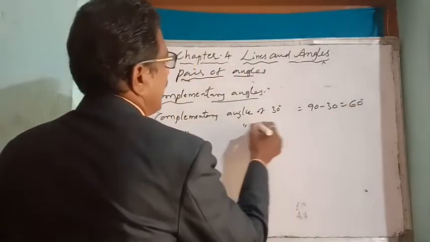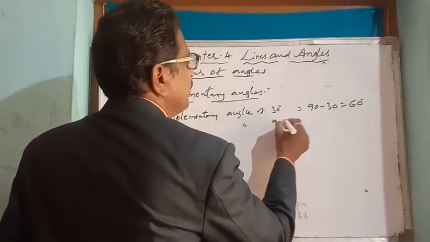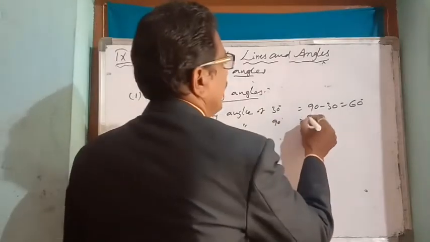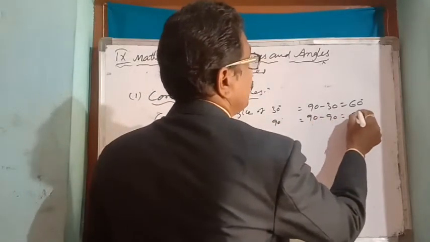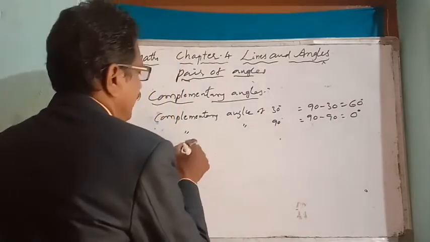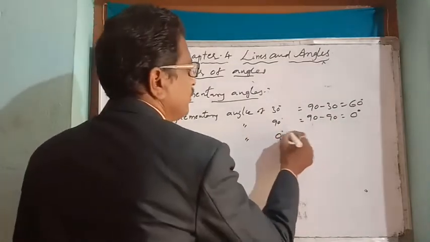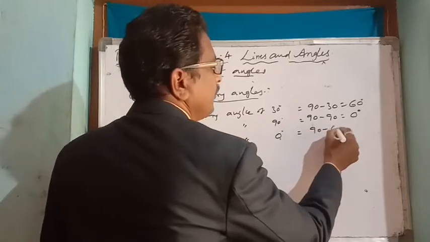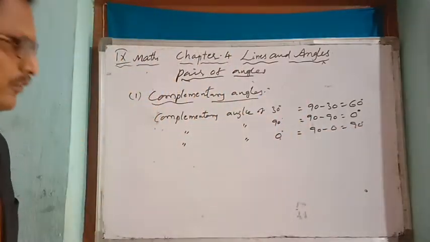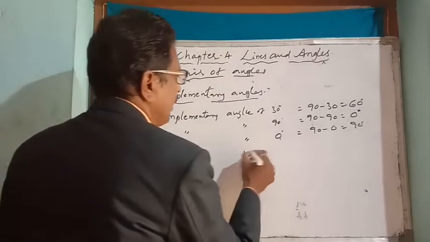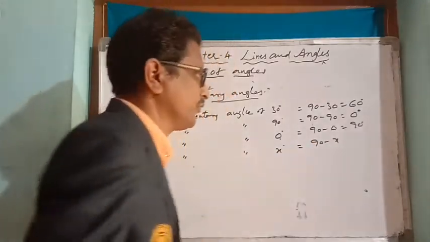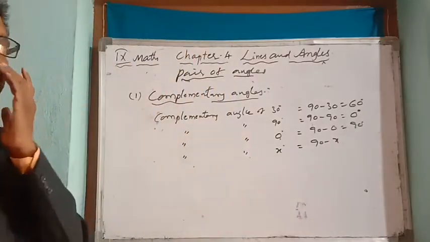The complementary angle of 90 degrees is 90 minus 90, which equals 0 degrees. The complementary angle of 0 degrees is 90 minus 0, which equals 90 degrees. Similarly, the complementary angle of x degrees is 90 minus x. This is about complementary angles.